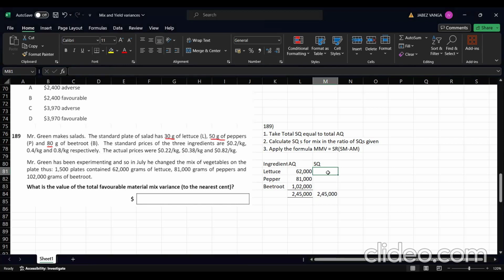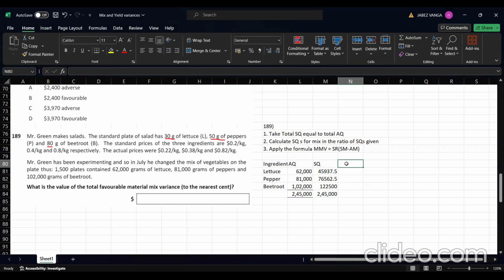Total 16 parts is equal to 245,000 into 3 by 16, into 5 divided by 16, and then 245,000 into 8 divided by 16.